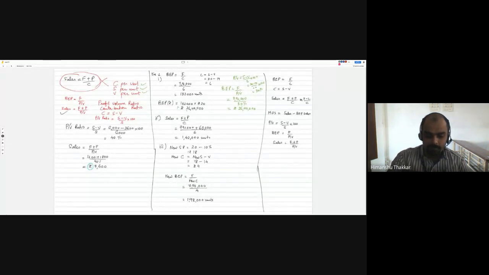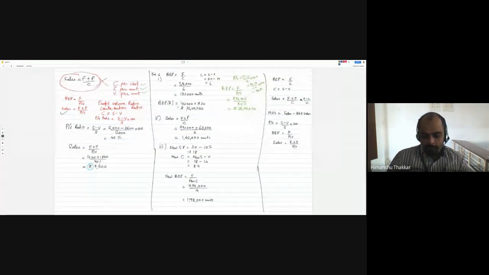It is possible to use the C formula because per unit selling price and per unit variable cost are both given to you, right? Just try to understand the basics of the example just by looking at it.